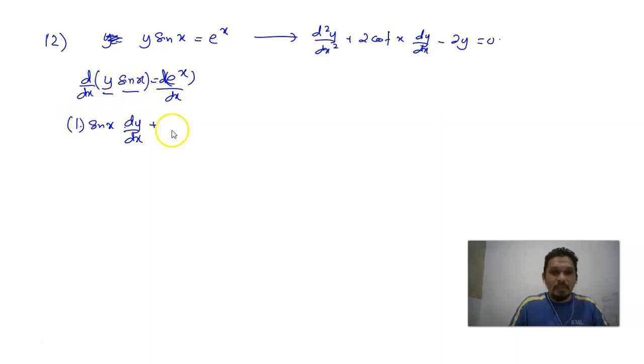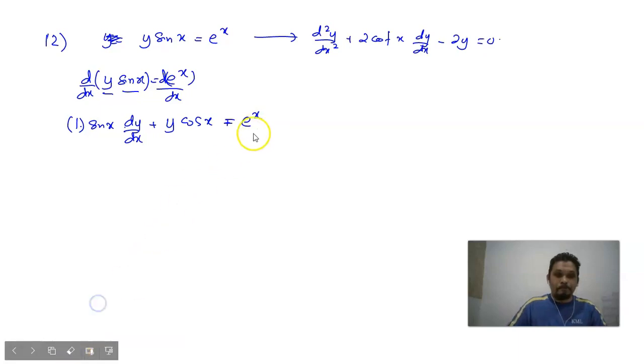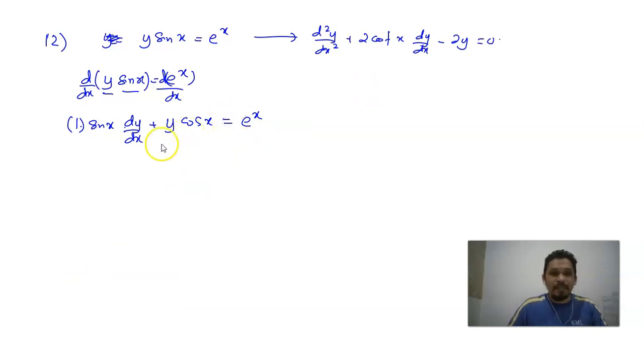Now y times the derivative of sine, which gives cos x. Equal to the derivative of e^x, which is e^x. Then simplify: sine x dy/dx plus y cos x equal to e^x.